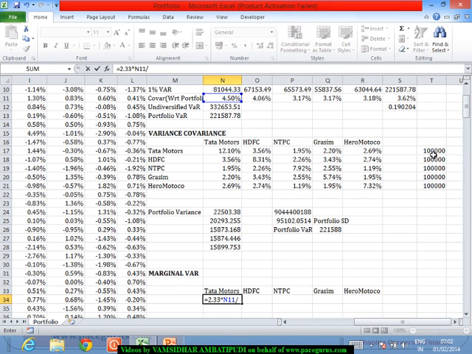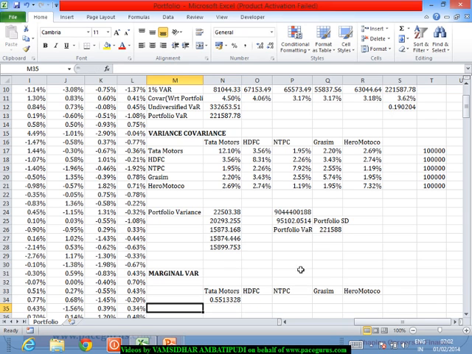The standard deviation of the portfolio is going to be this number. Now all we are saying is, if there is a $1 additional investment in Tata Motors, the VAR is going to increase by 0.55.